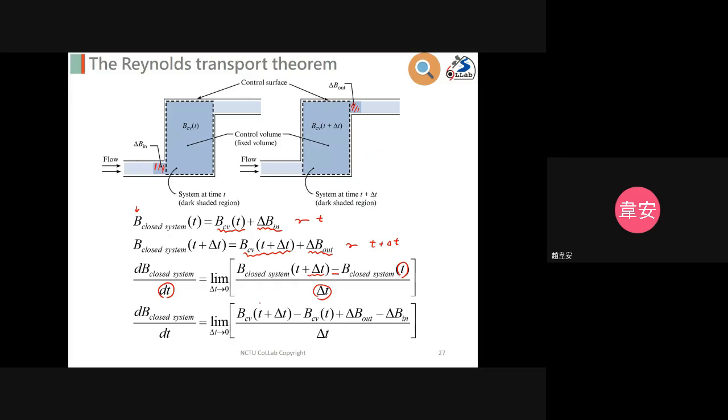The closed system can be represented by B CV at T plus delta T minus B CV at T, plus the out and the in, and we still keep the delta T on the bottom.